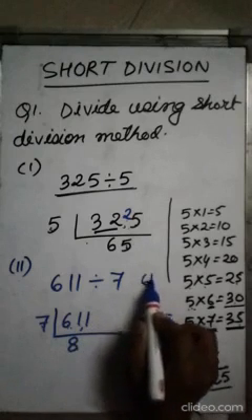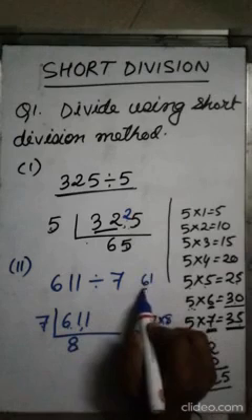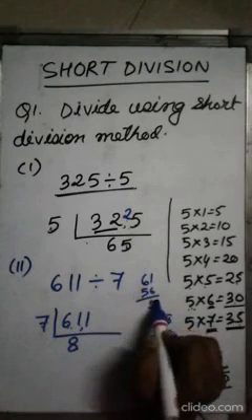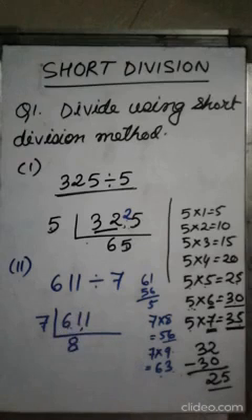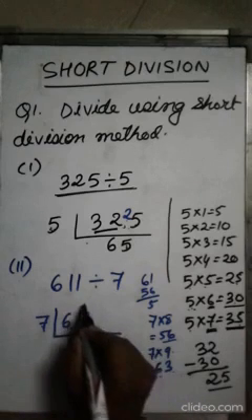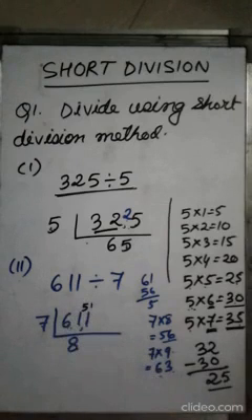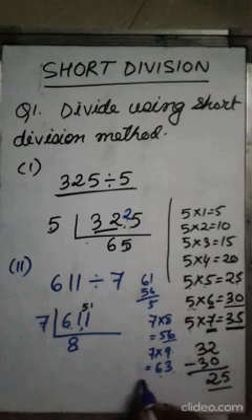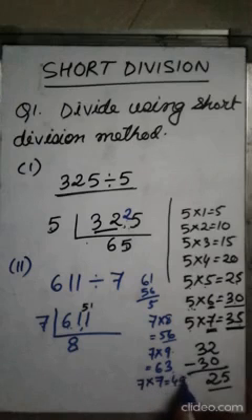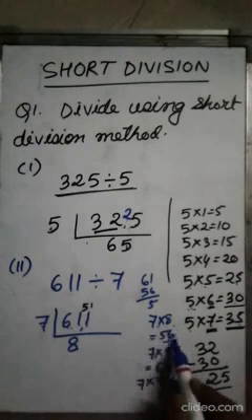If I subtract 56 from 61, I get 5. So the remainder 5 will come here, and with 1 it becomes 51. How many times can we divide 51 by 7? You check, 7 into 7 is 49. 7 into 8 is 56.